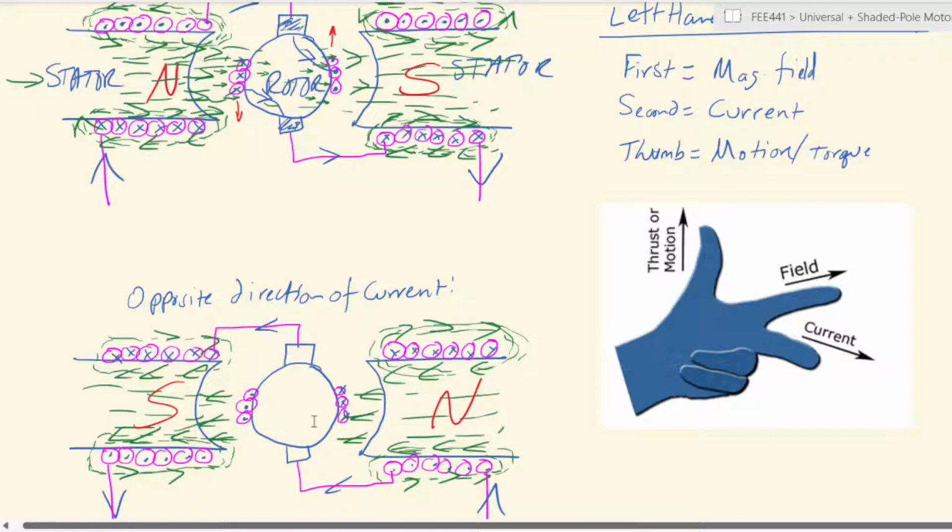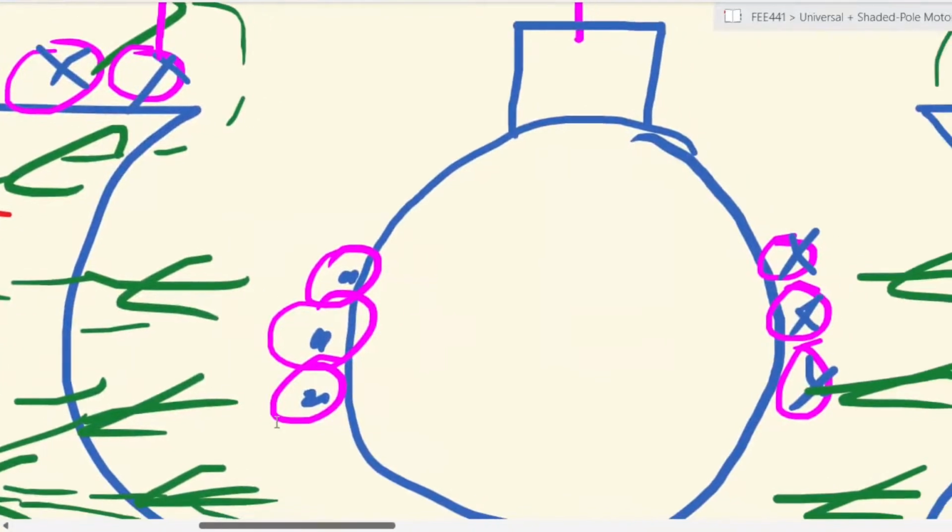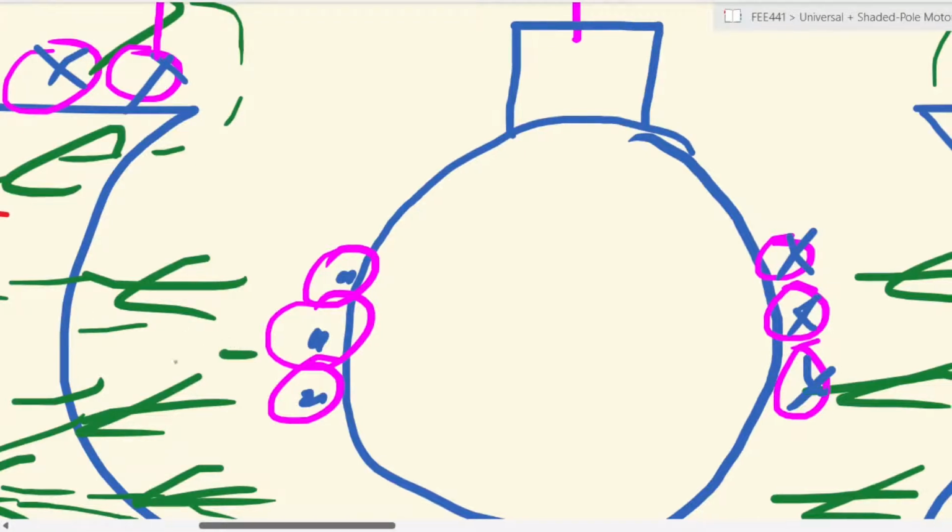So what is the impact on the force in the rotor? Once again, we zoom in and we use our left hand rule. So this time, the direction of the magnetic field is towards the left. So you point your index finger towards the left. And on this side, the current in the conductors is pointing out of the screen.